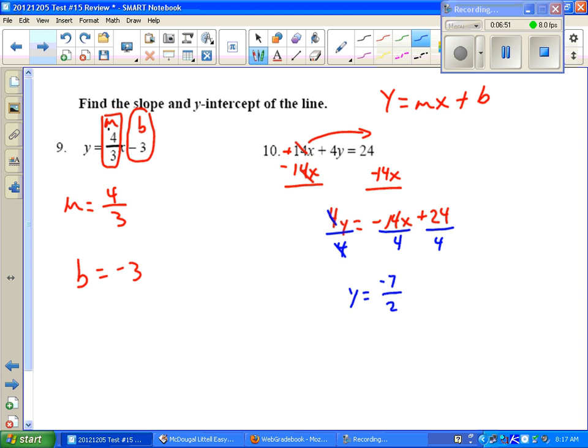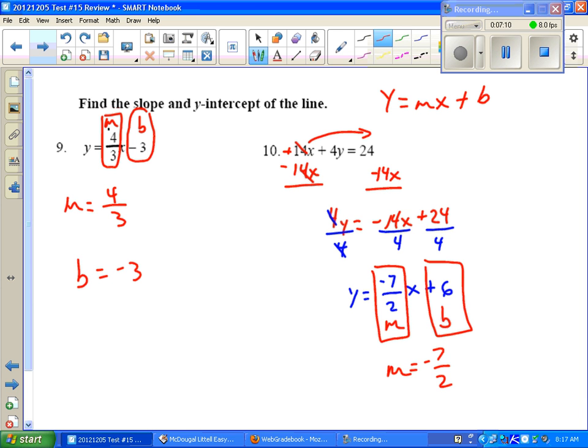So -7/2x, and then the number 24 divides by 4 evenly. It gives you +6. So what you have right now is y equals mx plus b, where this is your m value and this is your b value, again, including the sign that goes with it. So your slope is -7/2, and your y-intercept is 6.